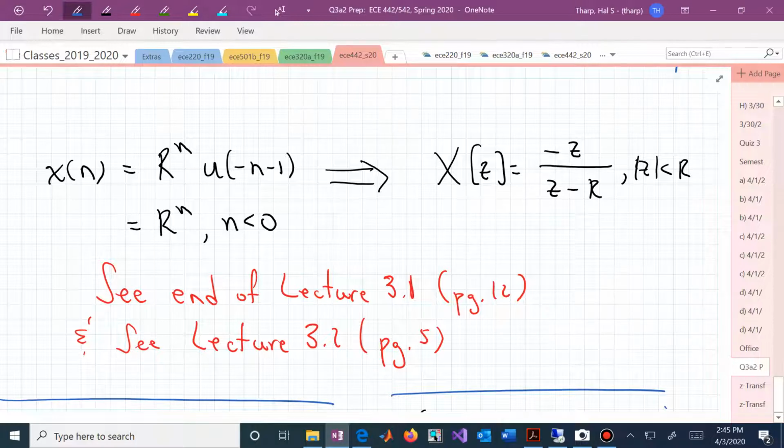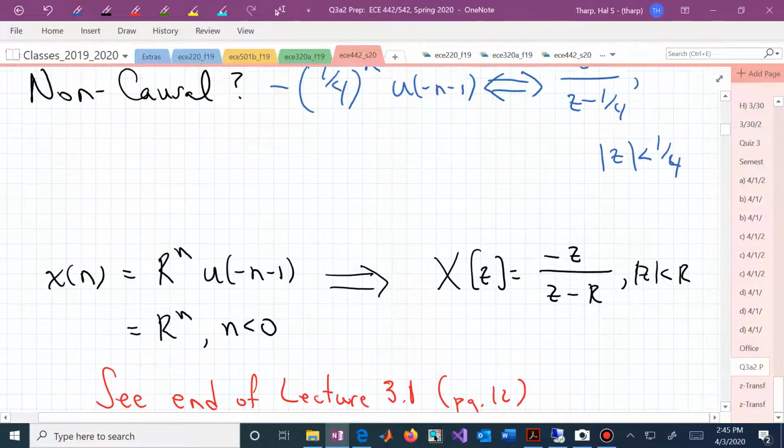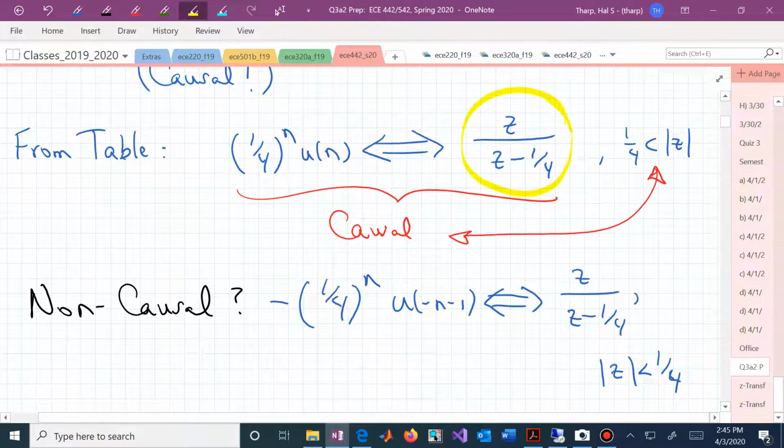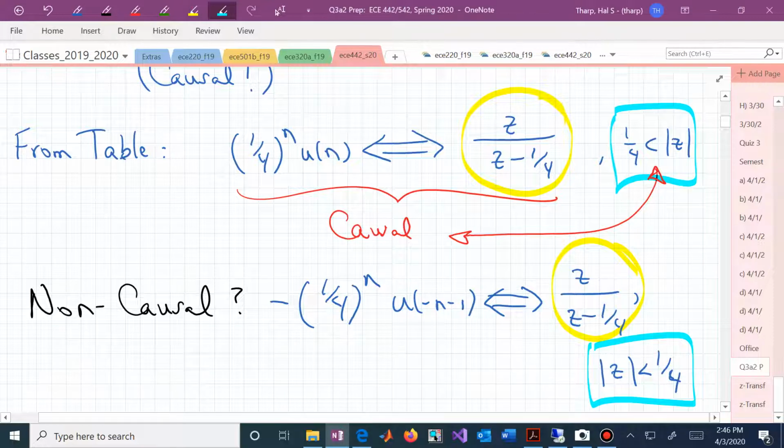Lecture 3.2 tries to distinguish and justify the reasons for needing the region of convergence. You can see, I hope, that if somebody simply gave you this or that without providing a region of convergence, you would not be able to get back to the appropriate time sequence expression. The causal would not have a sign change in going from frequency domain to time domain. The non-causal would.